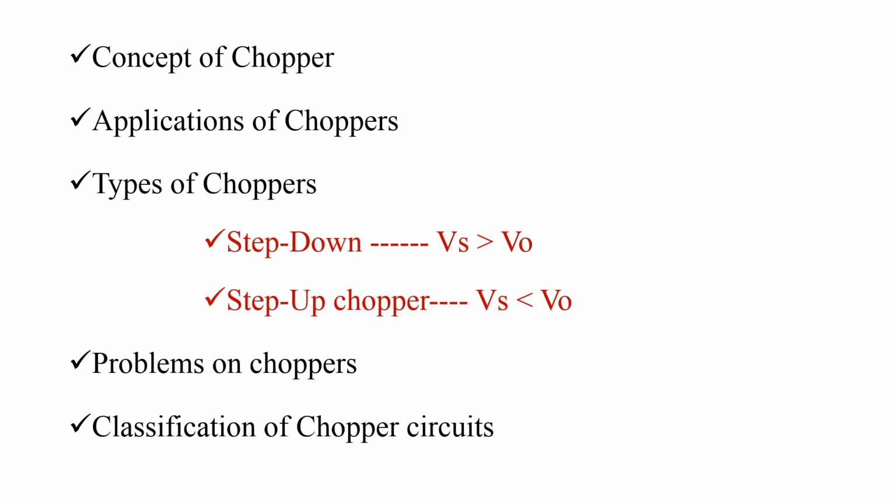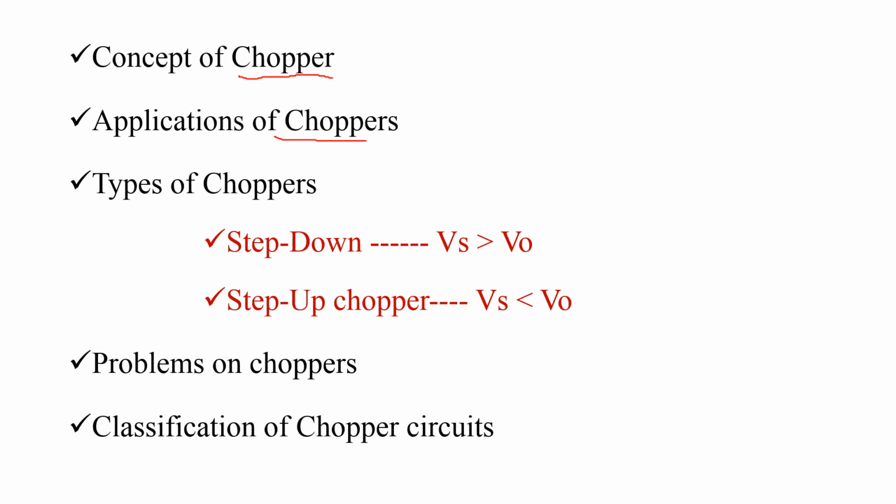That is, chopper is a circuit which converts fixed DC voltage to variable DC voltage. Coming to applications of choppers, choppers can be used in many applications where we require the variable DC voltage. The main applications are battery operated vehicles and speed control of DC machines.